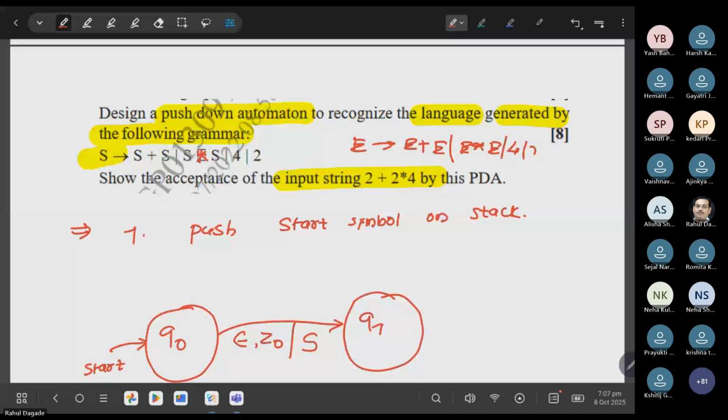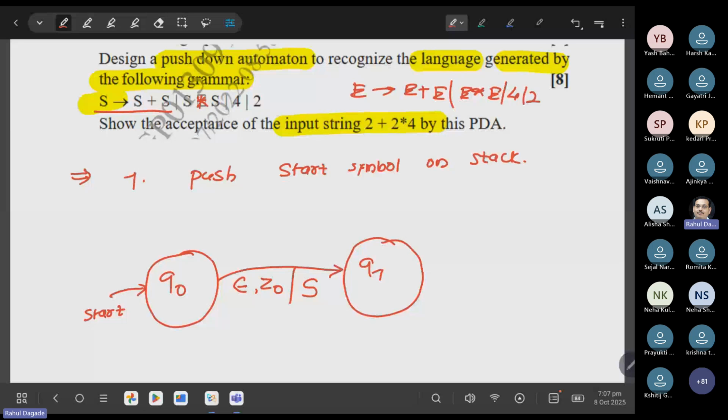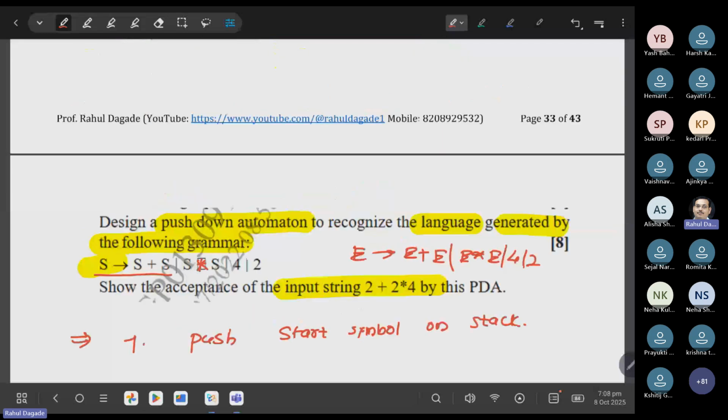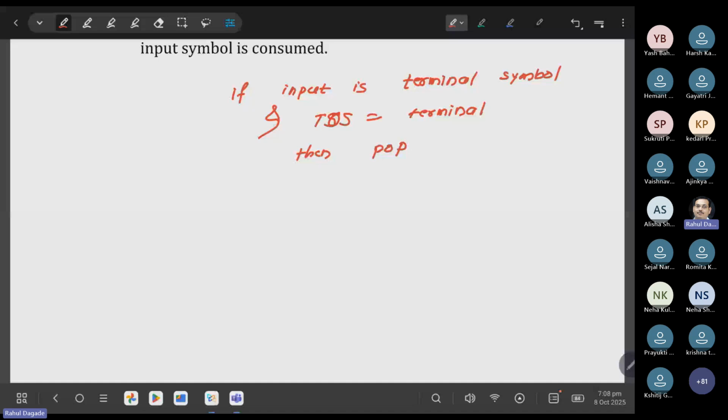Now we have various operations like S gives S plus S. What to do for the production S gives S plus S? How to convert that into PDA? As I told you, this is done with the second rule.